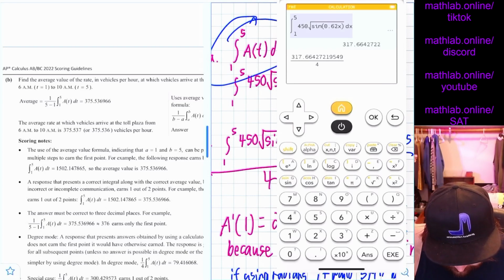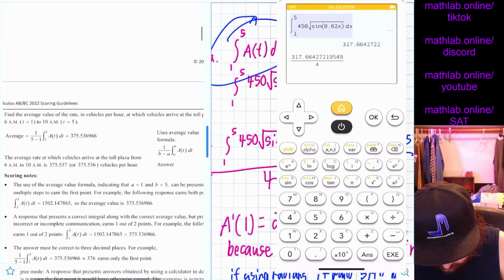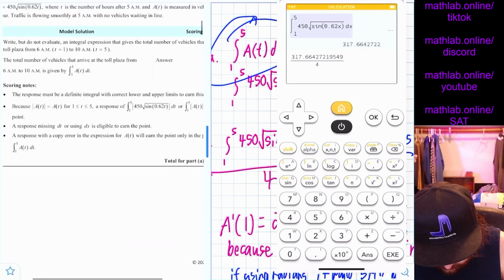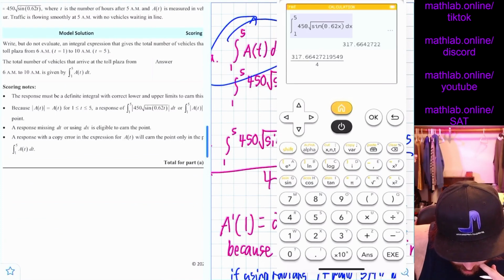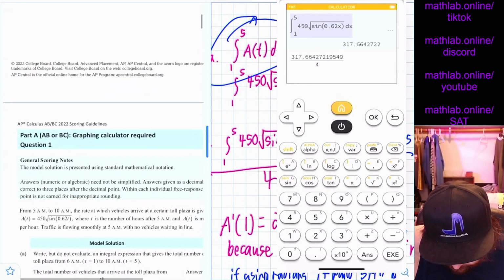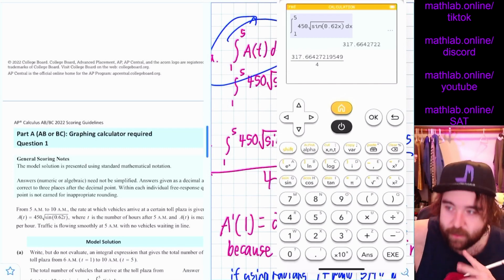Yeah, then I divided by 4 because that's multiplied by the 1/4. How did they get 375? That doesn't make any sense.